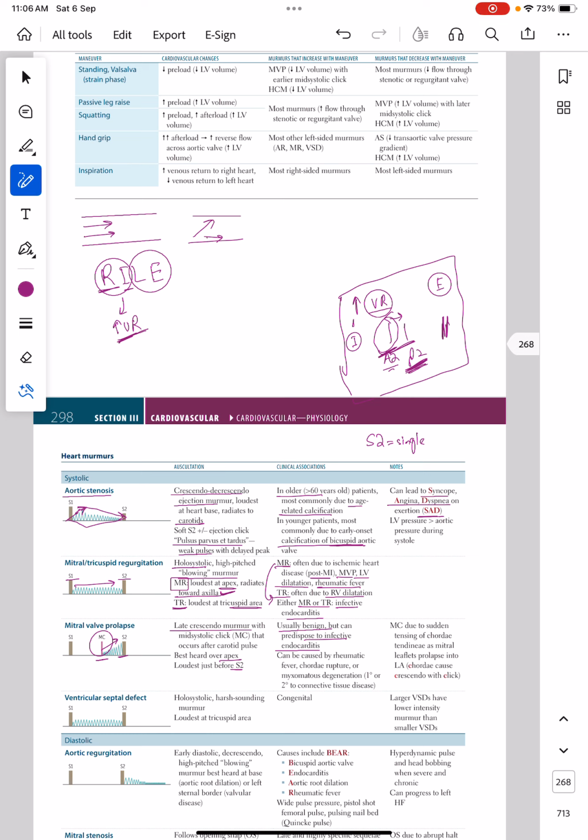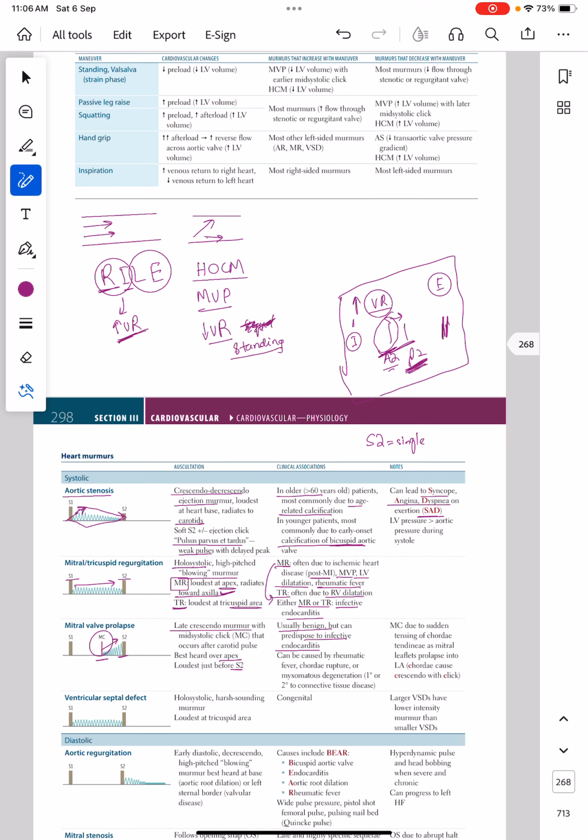But there are two exceptions. One is HOCM, hypertrophic obstructive cardiomyopathy, and the other is MVP. Why? Because in these two conditions, the murmurs increase in intensity whenever the venous return is decreased, and venous return is decreased by leg raises or by standing.